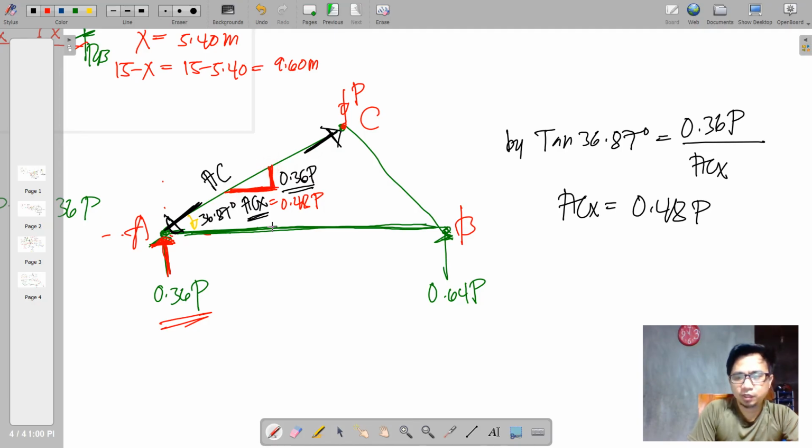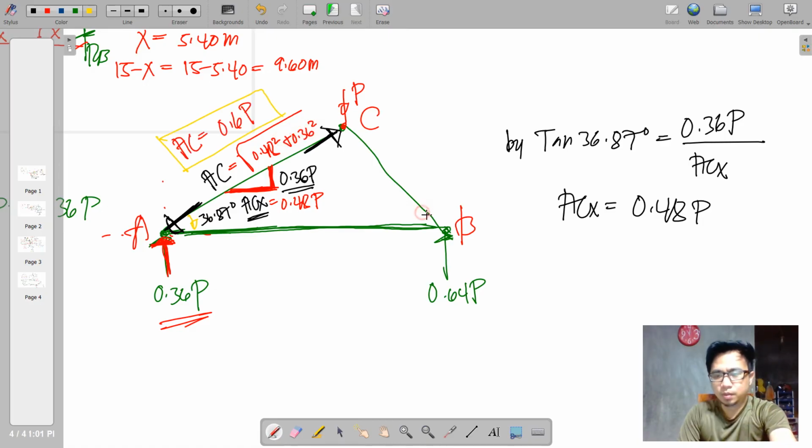Now we have obtained two legs. Of course, AC could be easily obtained by applying the Pythagorean theorem. It is just equal to the square root of 0.48 squared plus 0.36 squared, and that is found to be 0.6 of P. Alright, now at joint A we have already balanced what?